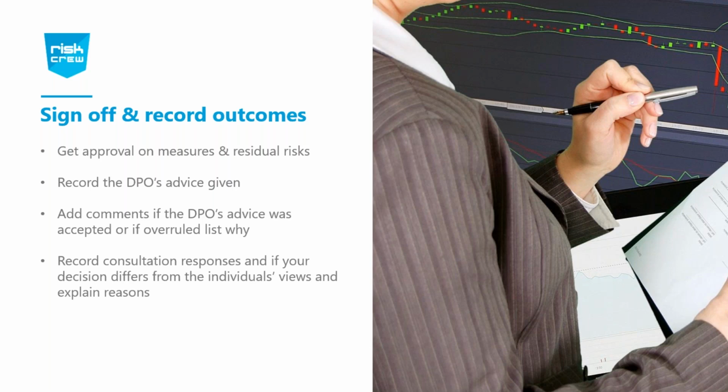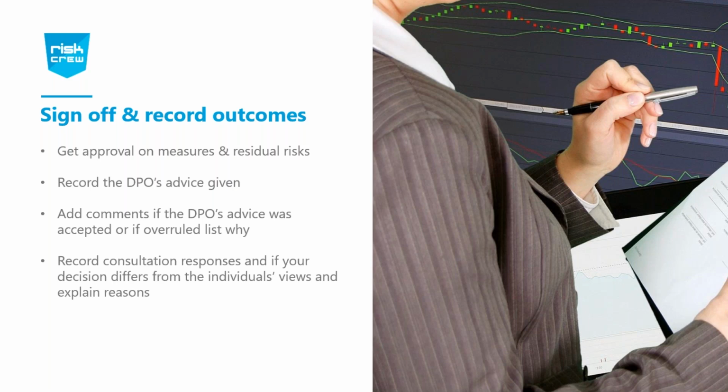It is also possible for the data protection officer's advice to be overruled. So it must be mentioned in your report what advice was given, and whether it has been accepted or overruled. And you have to record all consultation responses, and if your decision differs from other individuals' views, explain the reasons why.